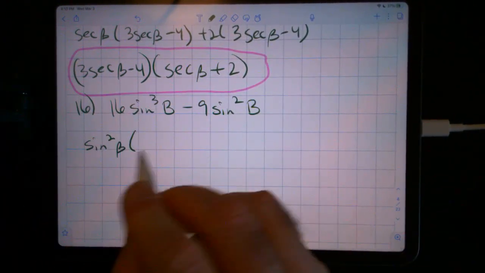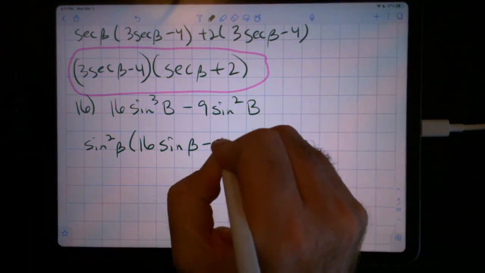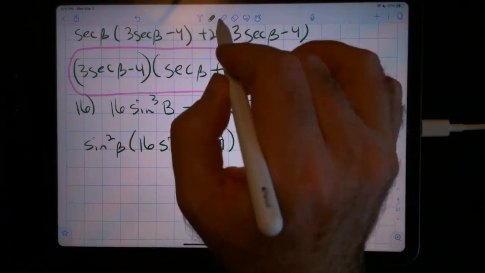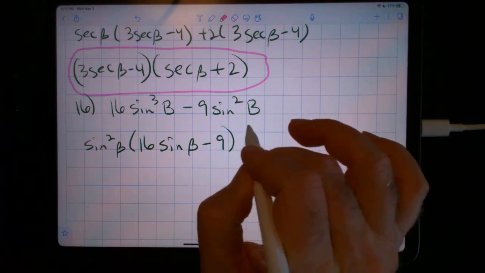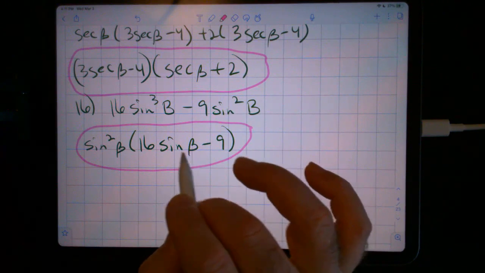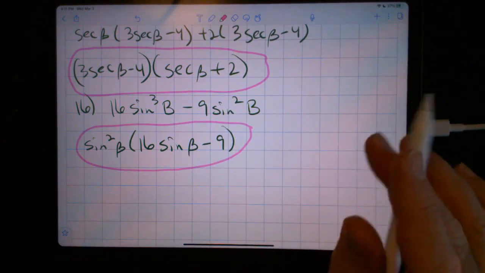When you take out a sine squared, what you're left behind with is 16 sine beta minus 9. And I'm going to leave it at that. Technically, everything is a difference of squares, and so technically I could factor this as well. But I think it would be more complicated looking. This is fine.